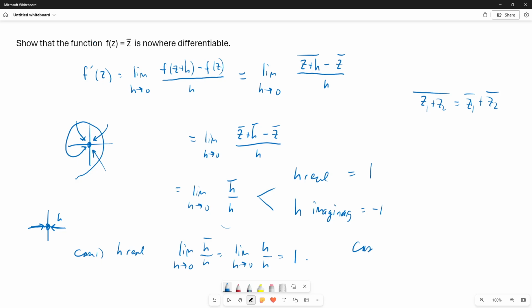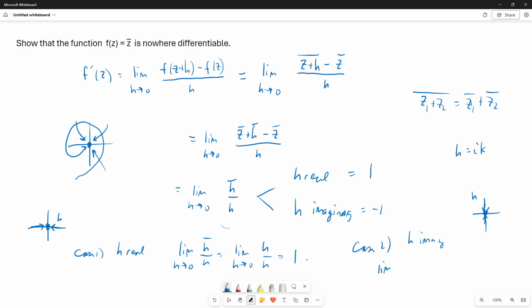And in case 2, h is imaginary. So h is going to 0 on the imaginary axis. So h is equal to something like ik, where k is real and heading to 0. But I don't think we're going to write that.